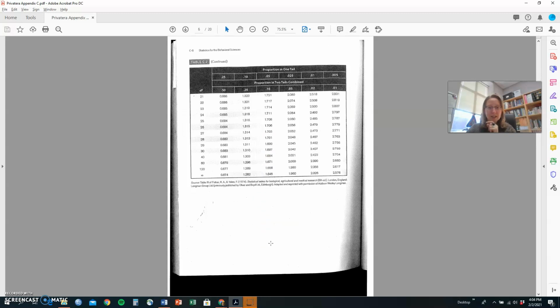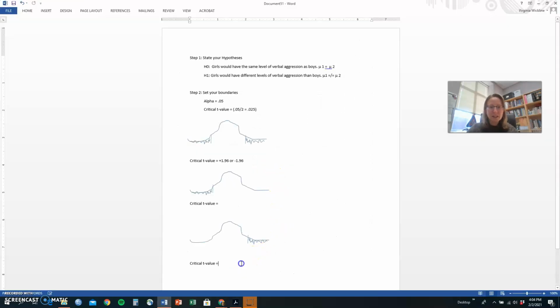If we go down with one tail and a large sample, the t-value that we'd need is 1.645. In this case, we would be looking just at the right side of the distribution, and we would need a positive value. If we thought boys were going to be more verbally aggressive than girls, we're still saying a direction, one-tailed, but we would be looking at the opposite side of the distribution.